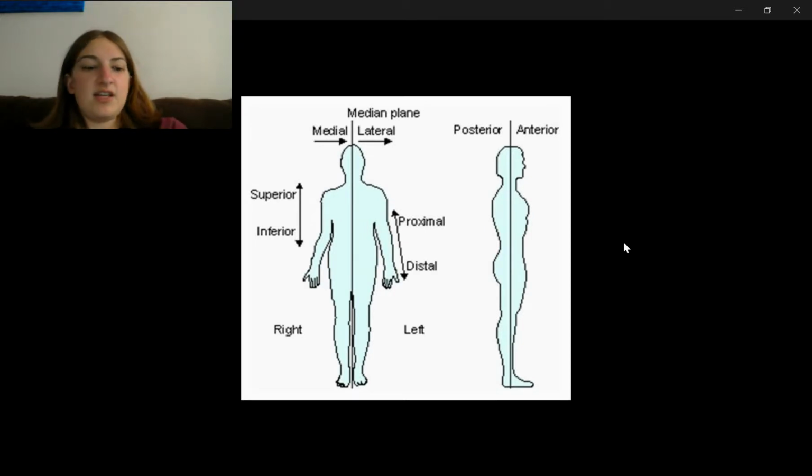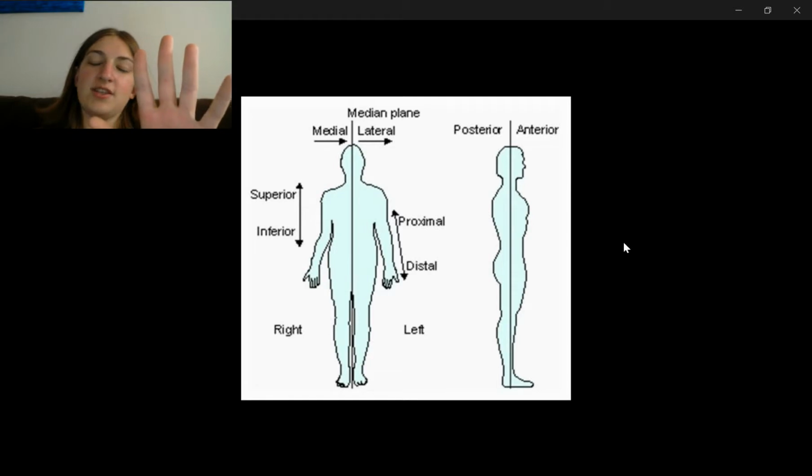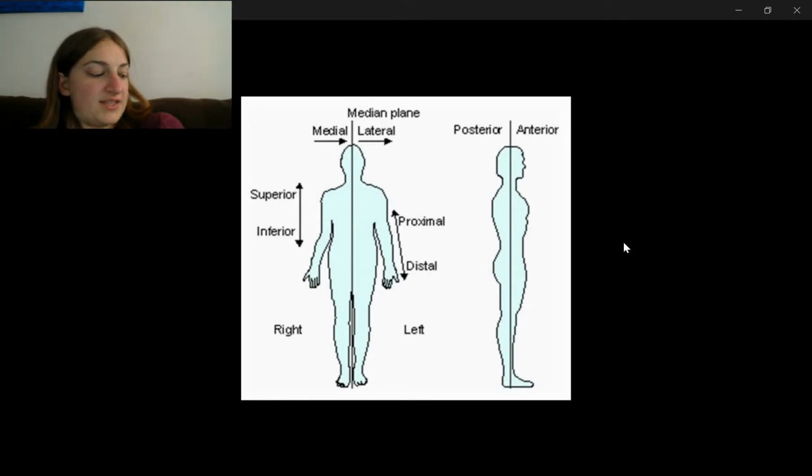Proximal is closer to the main body of the skeleton, so going up this way is proximal, going down this way is distal. My hands, my phalanges, and my metacarpals are distal, and my humerus is proximal, so it's closer to the main skeleton of the body.